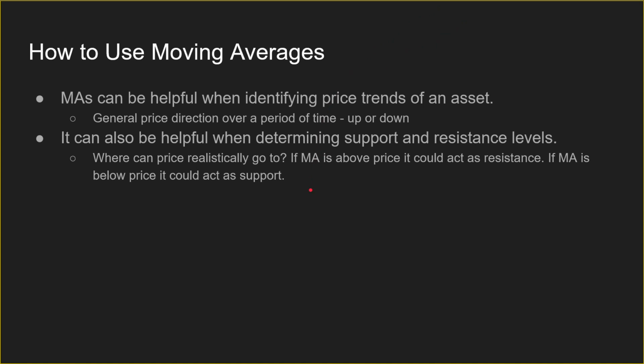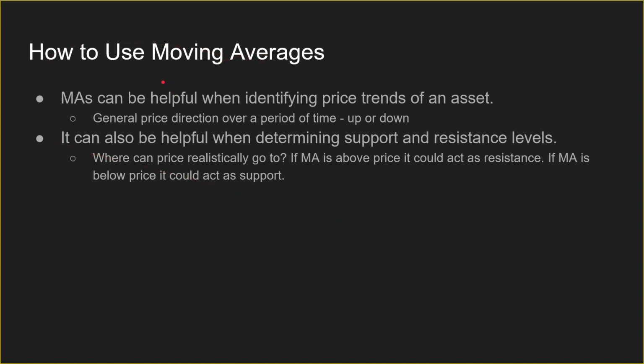So if the moving average is above price, if price is below this moving average, it could act as a level of resistance. Now, on the flip side, if the moving average is below price, it could act as support, right? So let's say Bitcoin was 69,000 and the moving average is somewhere around 30K, give or take, on the daily, or maybe on the weekly, it's only about 20,000 or 25,000.